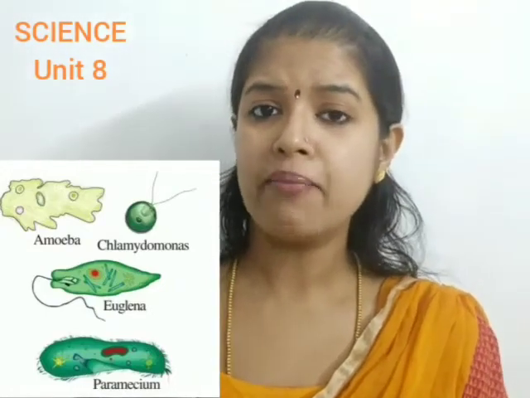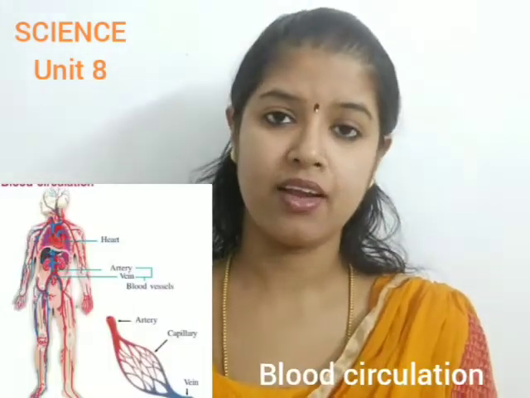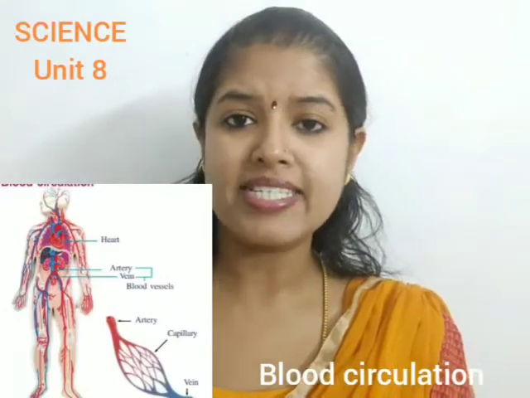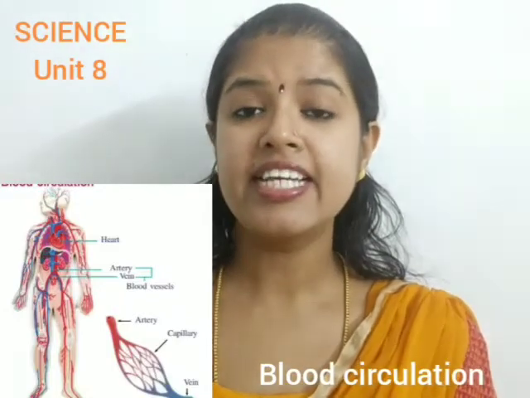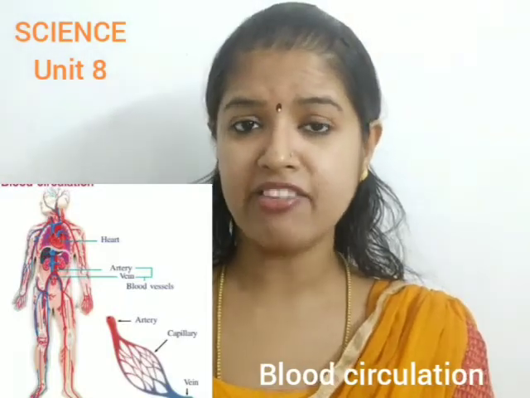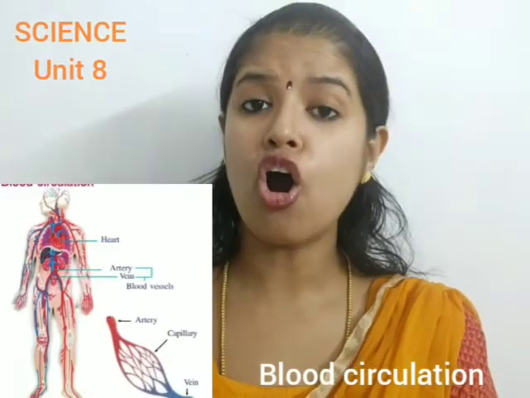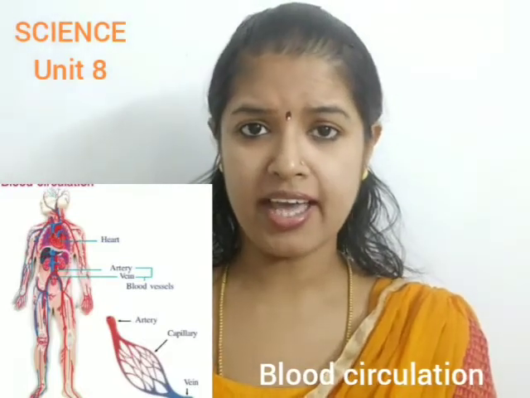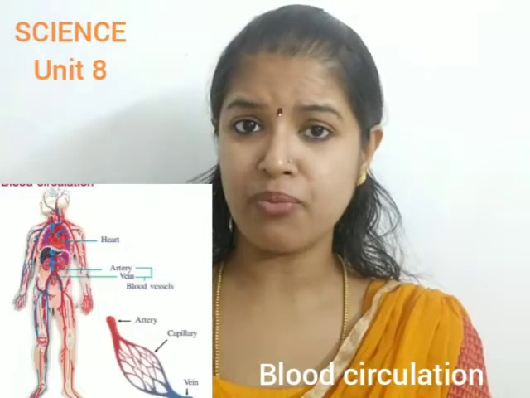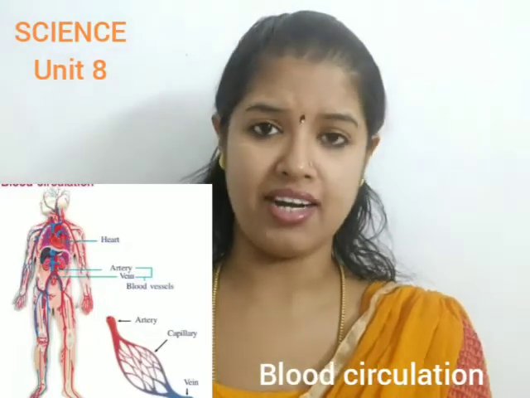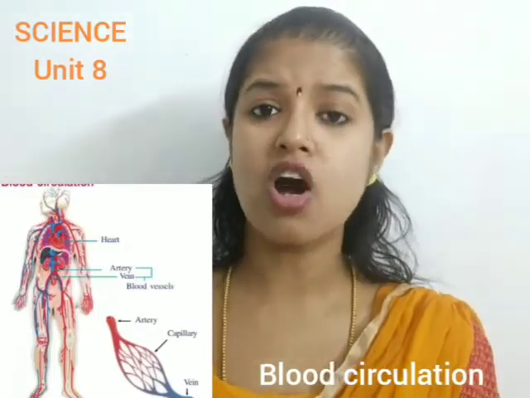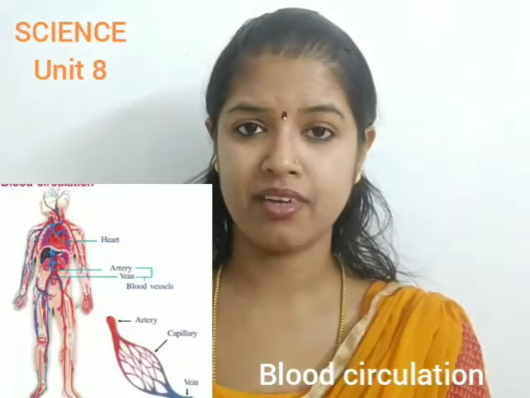Now talking about the blood circulation system. What do you mean by blood circulation? It is the flow of the blood from the heart to all parts of the body and from all parts of the body back to the heart. This is called blood circulation.